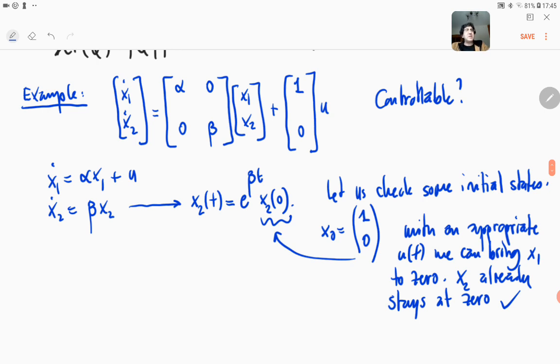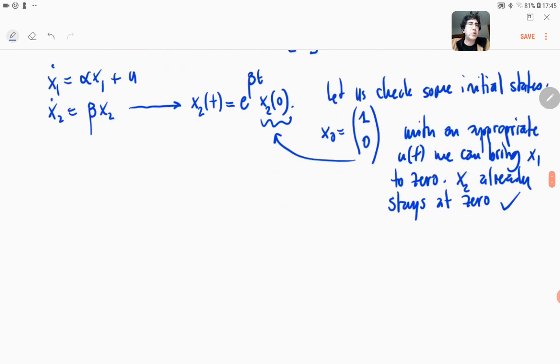So that means for this initial state, we can bring this initial state to 0 given appropriate inputs. But remember, controllability is related with being able to bring all initial states to the origin. Okay, so we need to try another initial state.